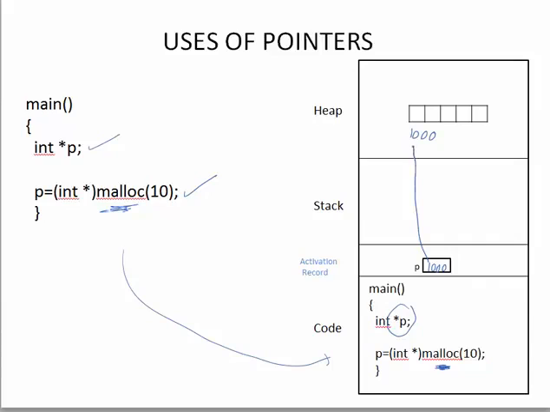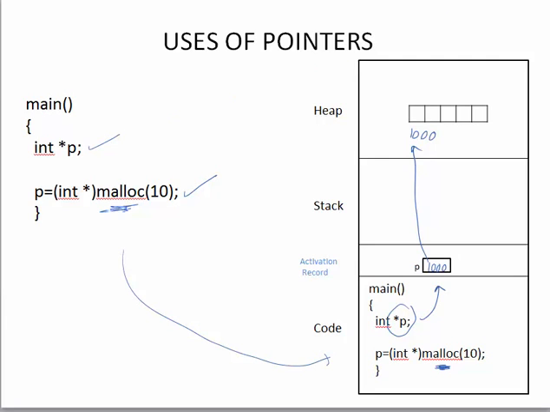So the pointer will be pointing to this heap memory. That's how the program can directly access the pointer, and from the pointer it will take the address of heap and access the heap memory. Heap memory is not directly accessible, but it is indirectly accessible by the program. So this is the first thing where pointer is used.